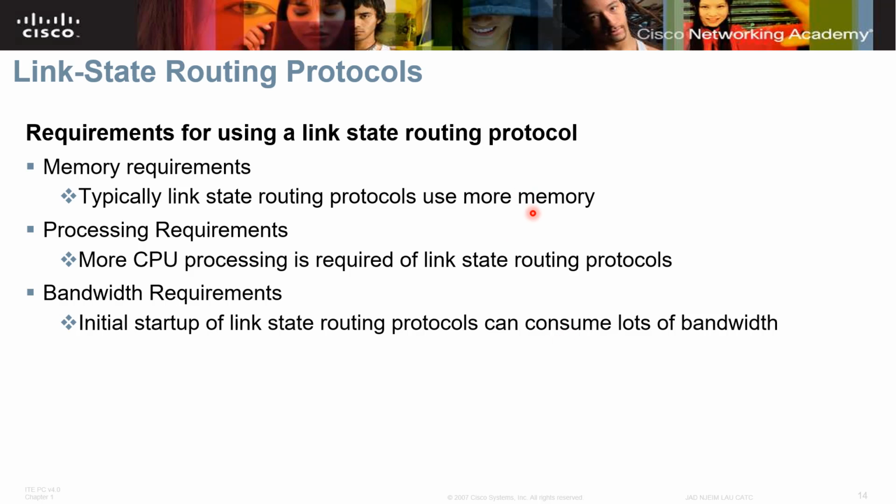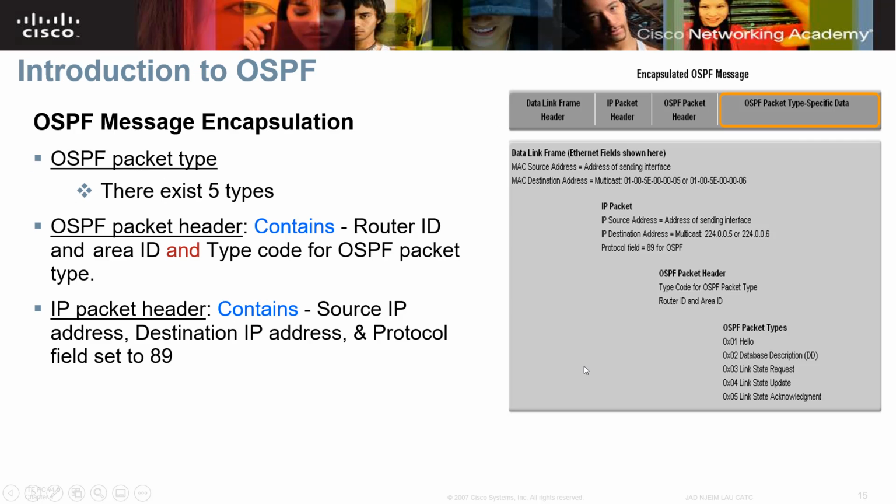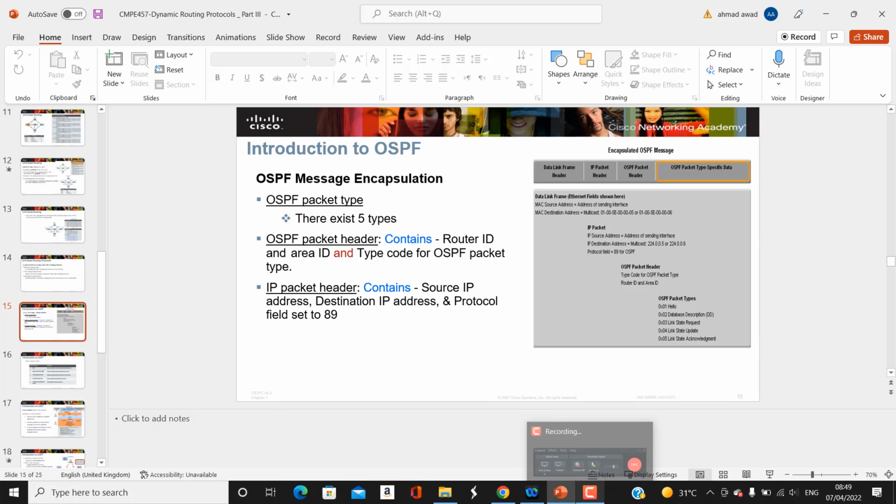It consumes more memory, needs more CPU, and at the beginning consumes more bandwidth. But on the advantage side, it converges very fast compared to distance vector, as we discussed in the previous parts. Any question? Okay, so we can stop here.